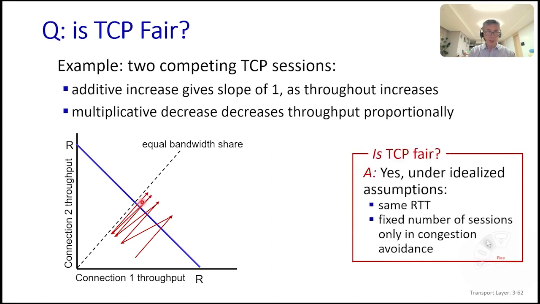Eventually, connection 1's throughput is close to this line. This line is R over 2, so connection 1 and connection 2 throughput are equal. This is the equal line.